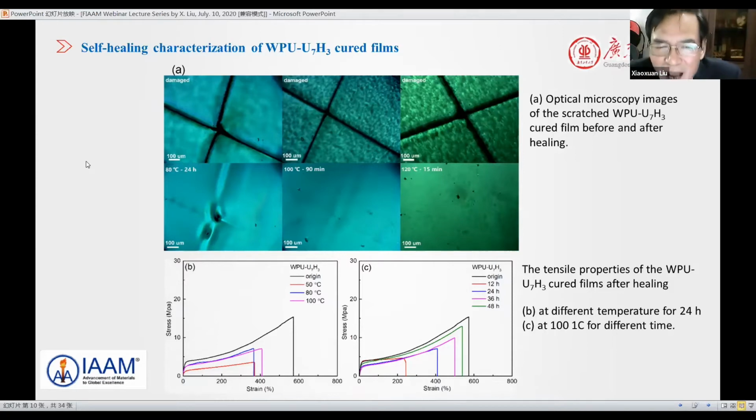So as the temperature increases, the heating time is shortened. And the tensile strength clearly changes. This is after different times at 100 degrees. These two pictures.